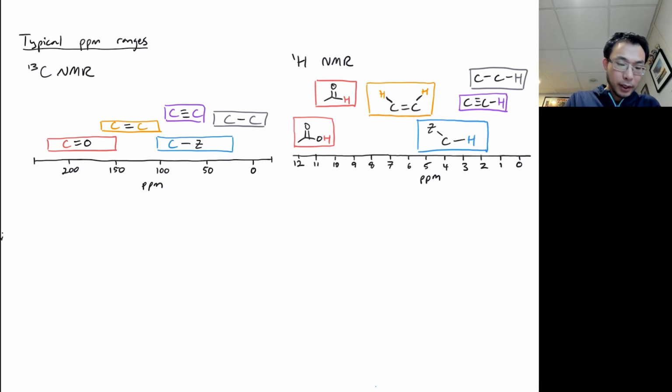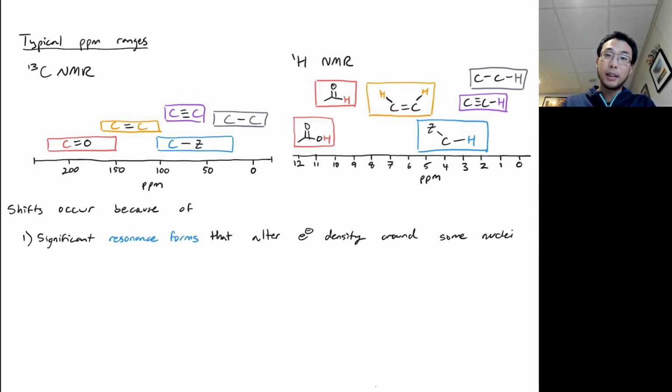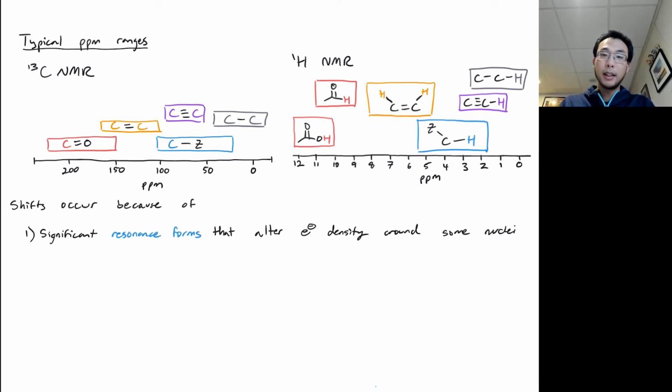The first effect to consider is that of resonance. If the electron density around nuclei can impact chemical shift because of shielding and deshielding, then naturally resonance forms will be very important for telling us whether there is more or less electron density around a carbon or hydrogen or whatever other element than we normally expect.